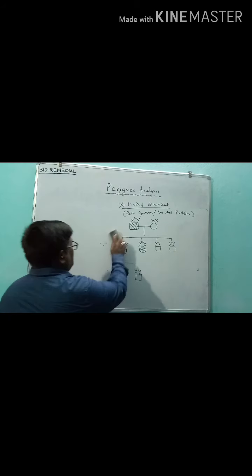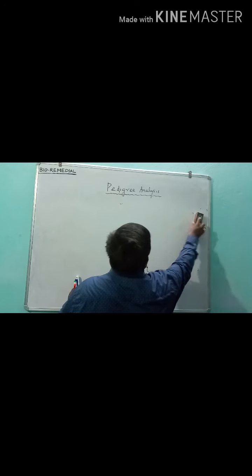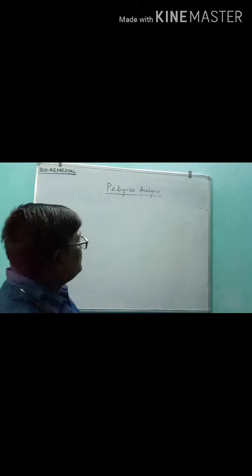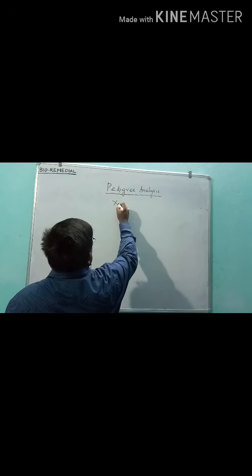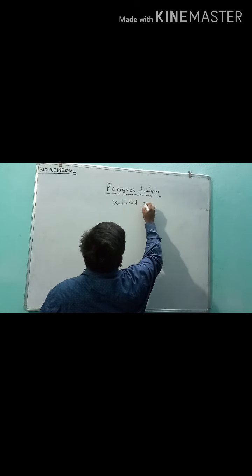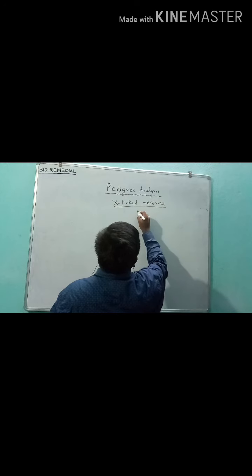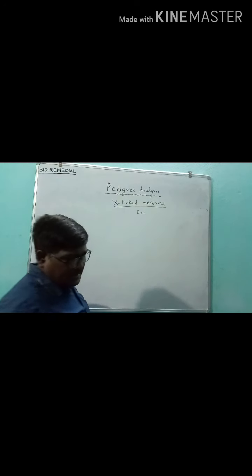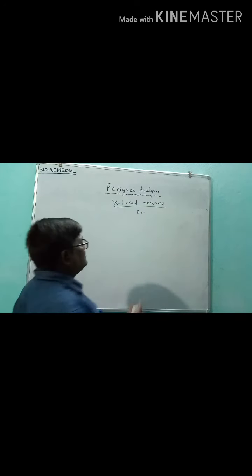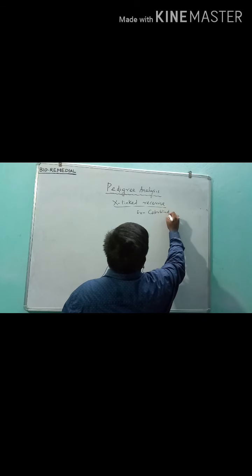In the next part, X-linked recessive, look at the X-linked recessive disorders. There are various diseases like color blindness, one important disorder, and night blindness.